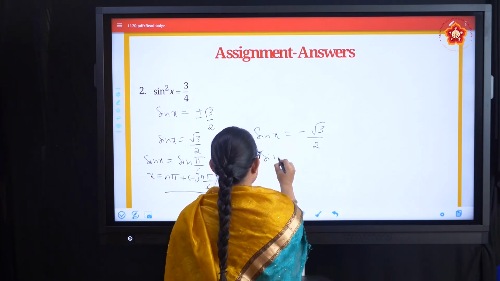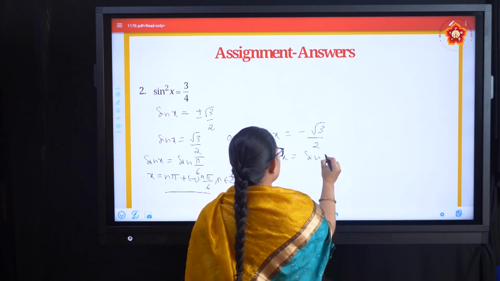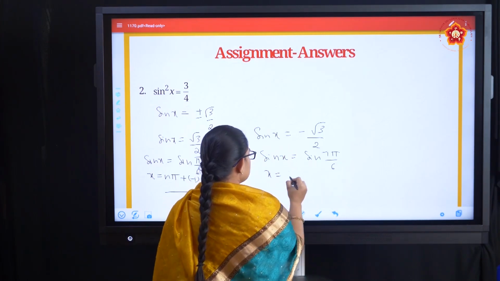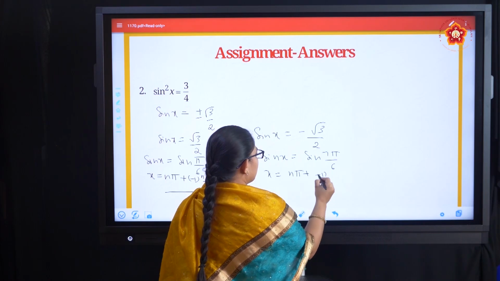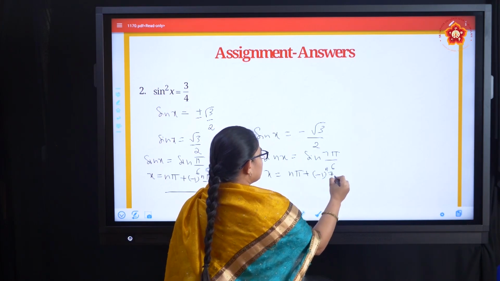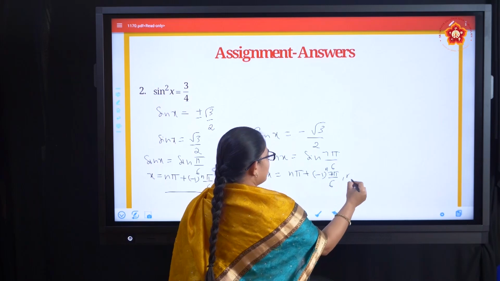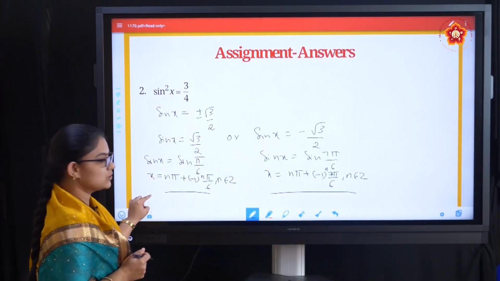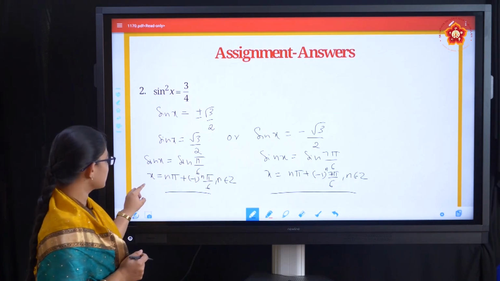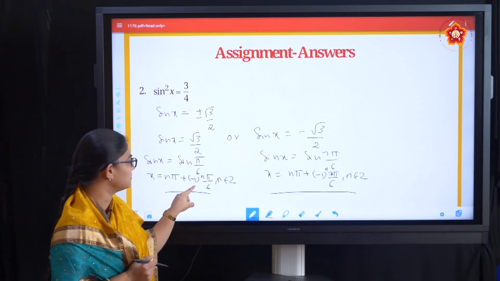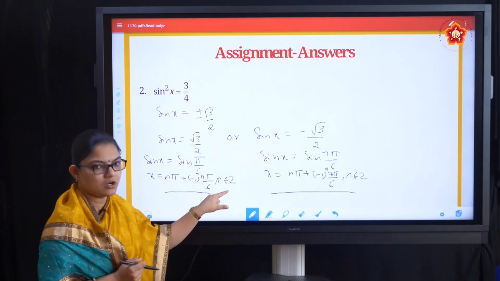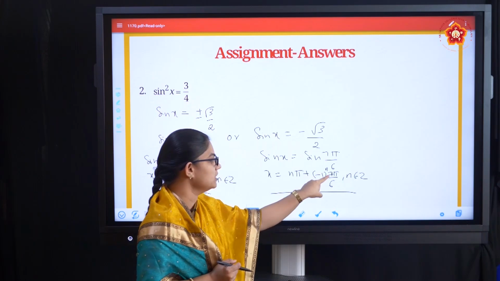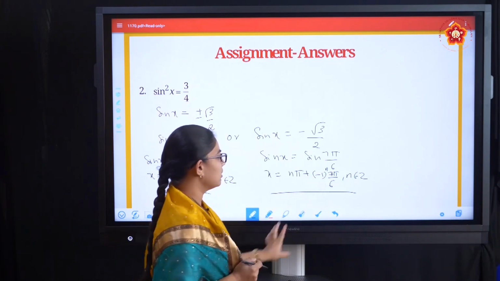Therefore sin x is equal to sin 7 pi by 6, so we can write x as n pi plus minus 1 power n, y, that is 7 pi by 6 for n belongs to Z. So the general solution of this particular equation is x is equal to n pi plus minus 1 power n pi by 6 for n belongs to Z, or x is equal to n pi plus minus 1 power n 7 pi by 6 for n belongs to Z.